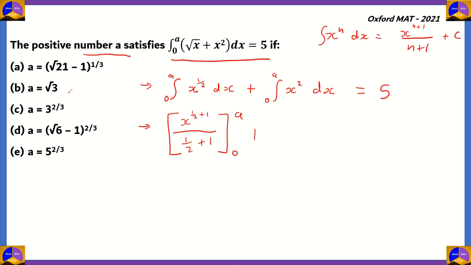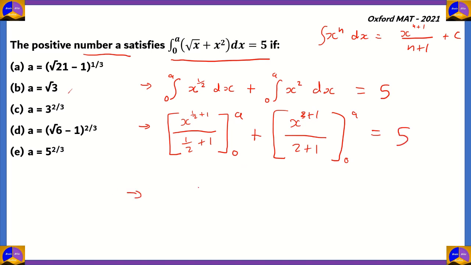Now if we look at the second part, the second integral that says integral 0 to a x squared dx, so that's the straightforward application of integral x raised to n dx. So that will now become x squared plus 1 over 2 plus 1, and the limits are from 0 to a. The right hand side still remains 5.